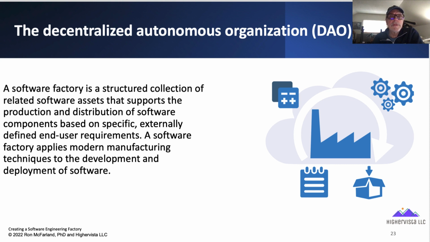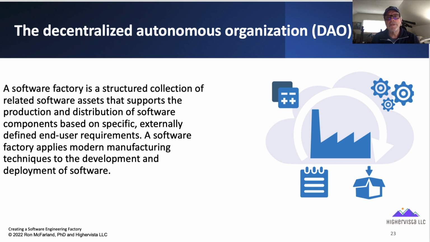So Software Factory is a structured collection of related software assets. Now, we talk about this in C++ programming, even Python, C, pick your flavor of language, where you have either a generalized library, specific library, etc., where you can pull objects into your code. So think of it in that way.